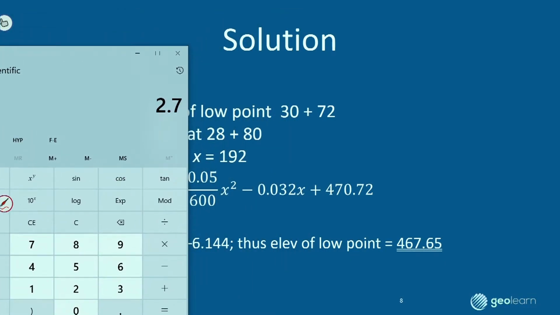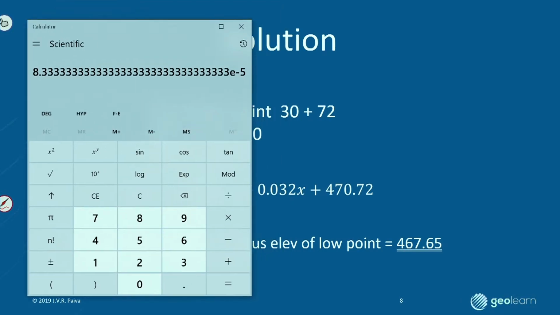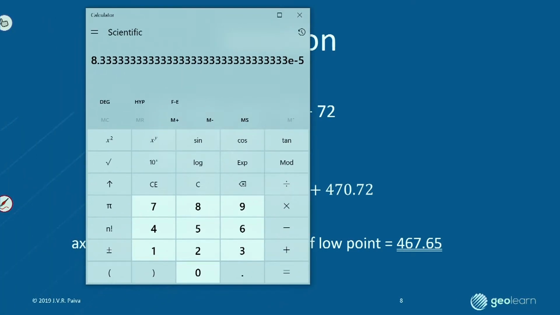So we have 0.05 over 600, and we multiply that by x squared, and x is 192 feet.